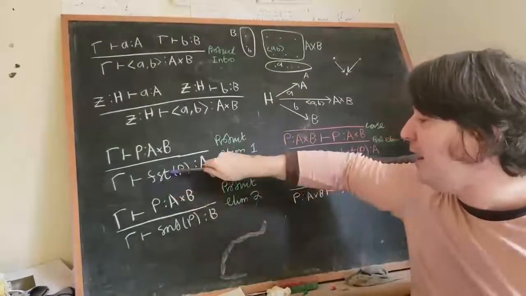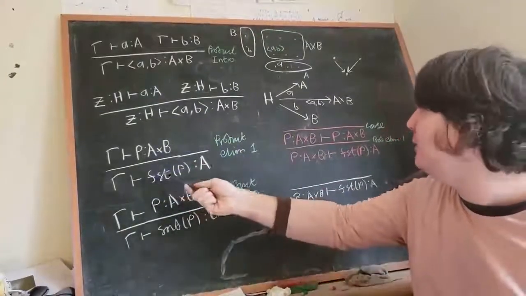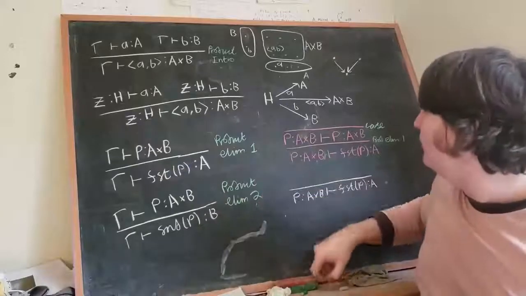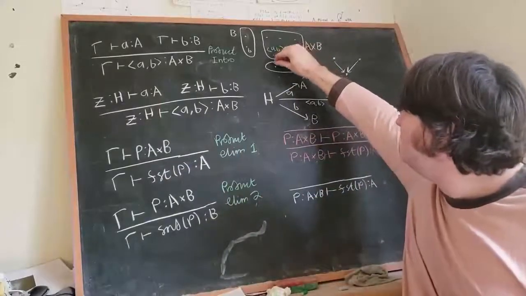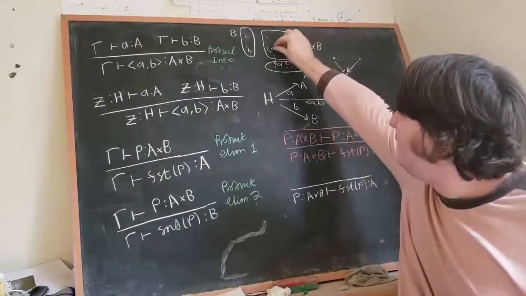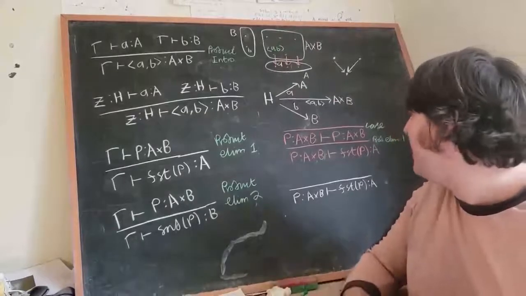We haven't yet said anything about how this thing works, but we will later. I'm telling you that this fst corresponds to the first projection from a times b to a, which selects the first entry of our pair. But we'll see that later.